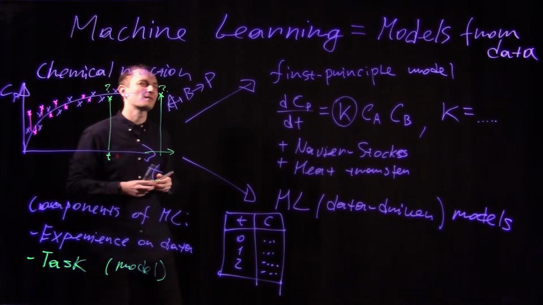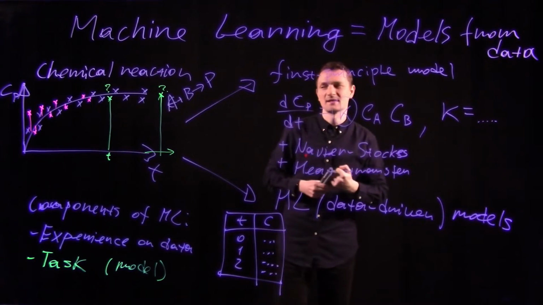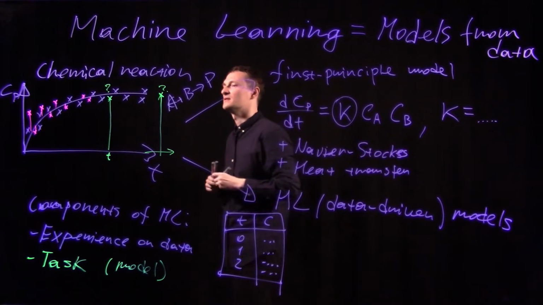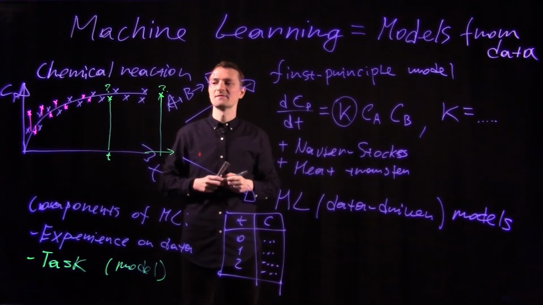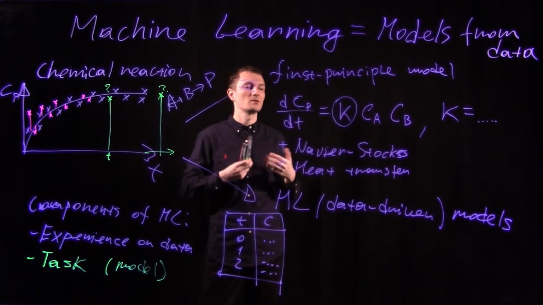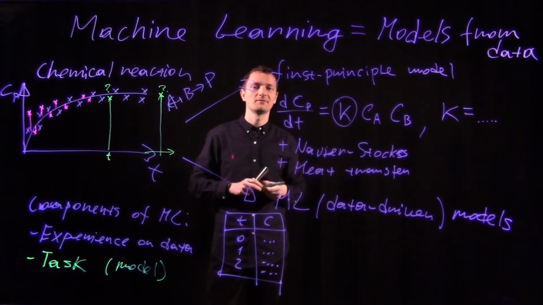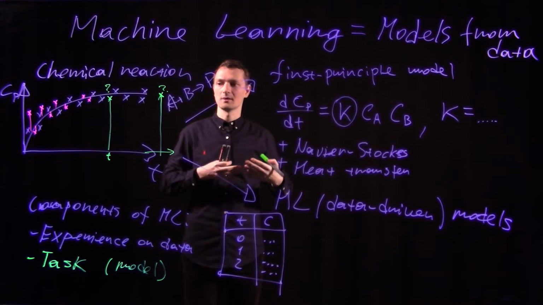But there are also other types of problems we can solve with machine learning. Besides regression, when we have continuous output of our model, we can also solve so-called classification problems, where we would like to predict a class, so a value from a predefined list of values. We also can try to reduce the dimensions.